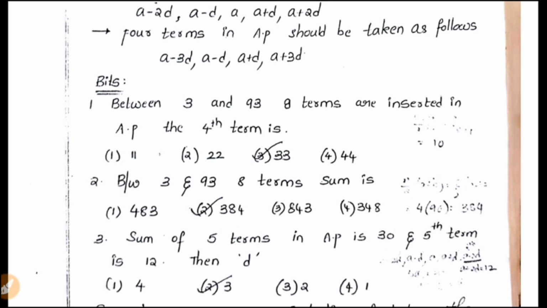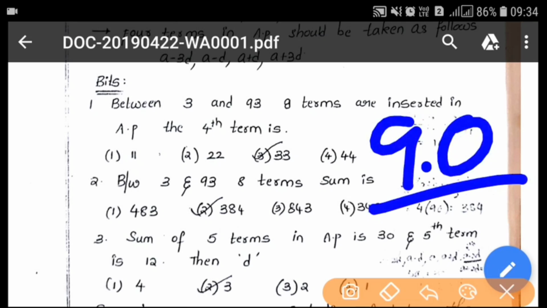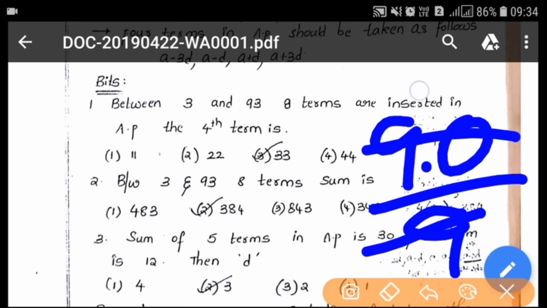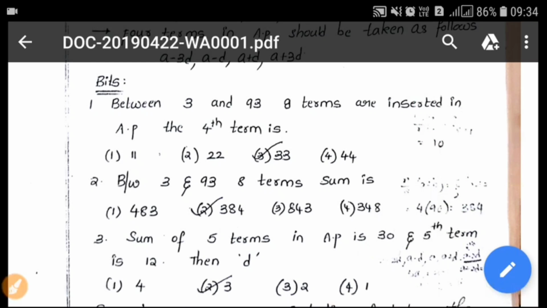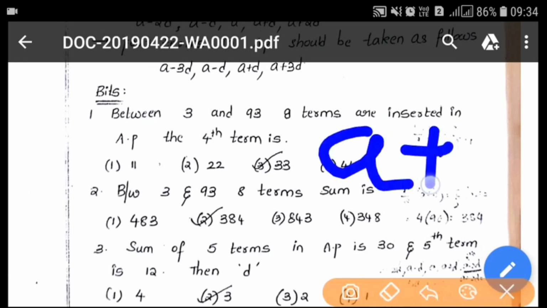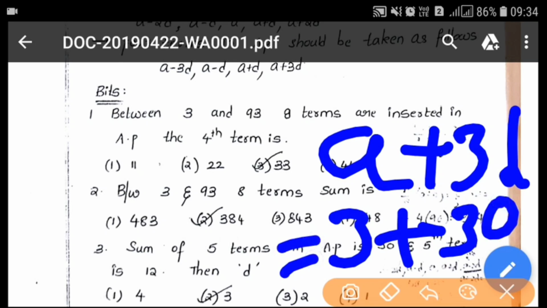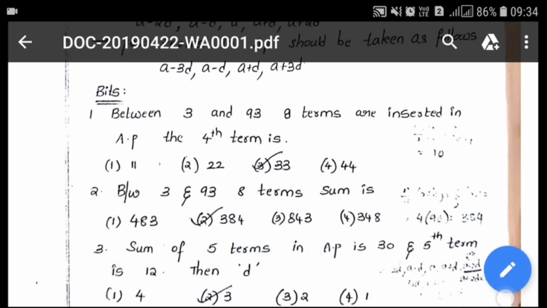D is equal to (B minus A) by (n plus 1), so 93 minus 3 is 90, and n plus 1 is 8 plus 1, 9. 9 tens are 90, so the D value is 10. The fourth term is A plus 3D, so 3 plus 30 is 33. So 33 is our answer.